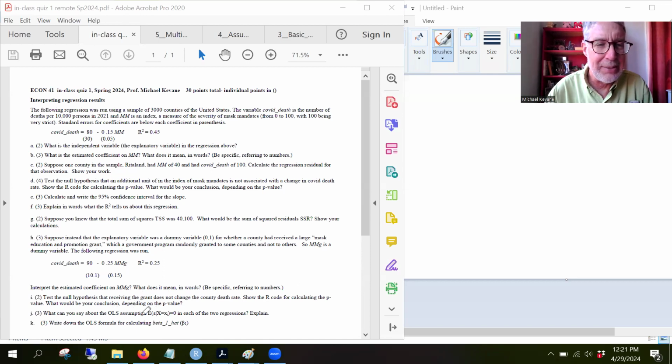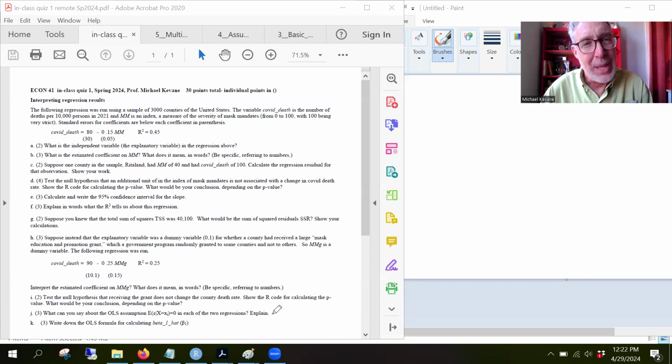Let's see, we did that. The assumption here is that the expected error conditional on the levels of x is equal to 0, and that condition is met when, as we mentioned in class, there are no likely confounders. That is, there are no omitted factors that are correlated with the x variable, in this case mask mandates, and that determine the outcome variable.